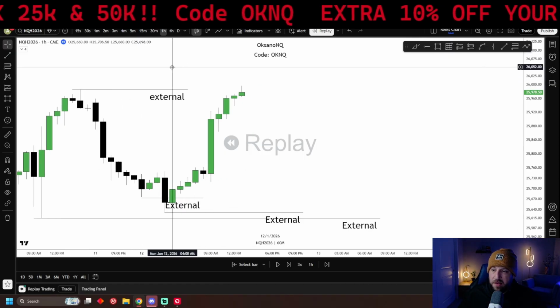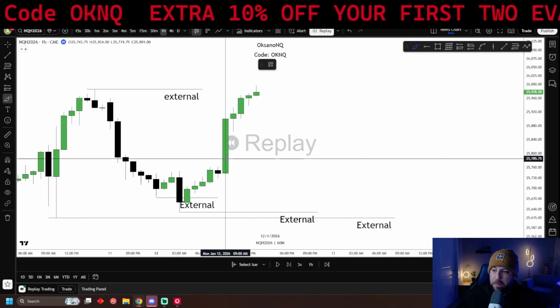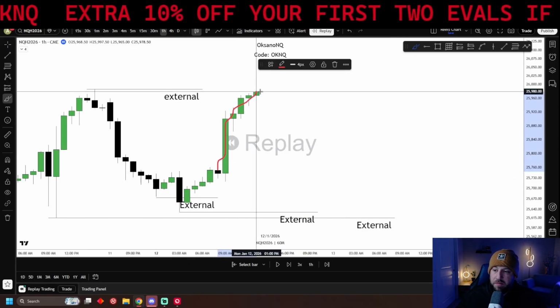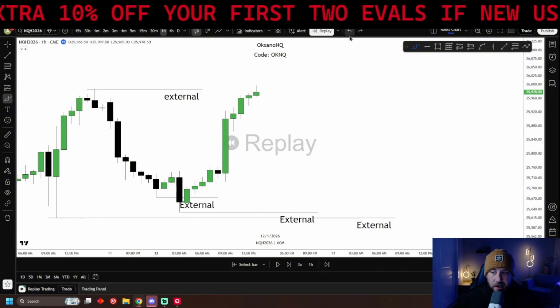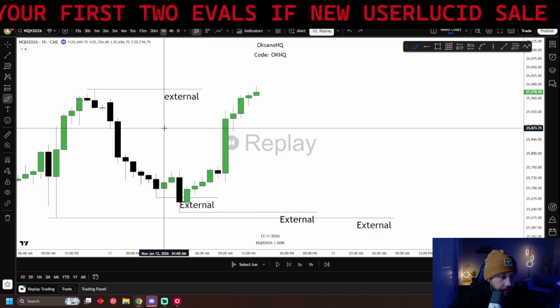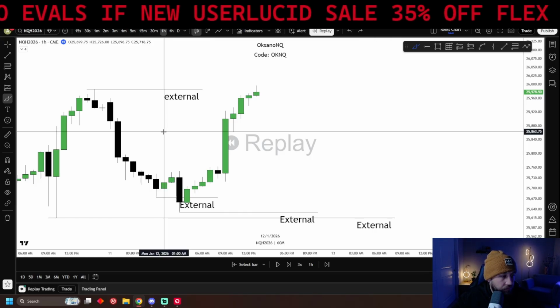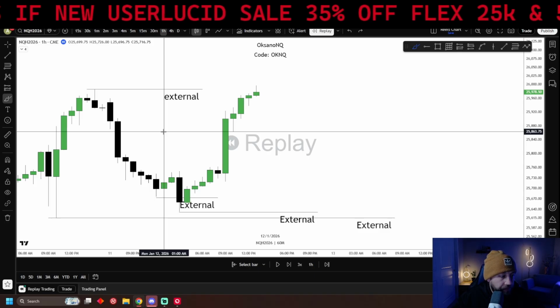But I will say this, right? Do you see anything here in this run that could be an external swing low on a lower time frame? Right.